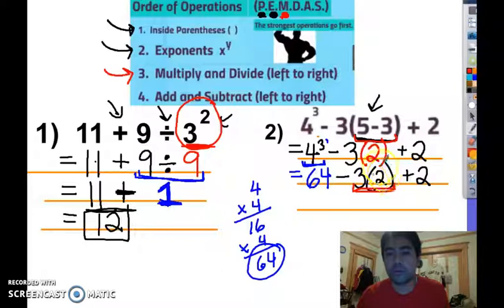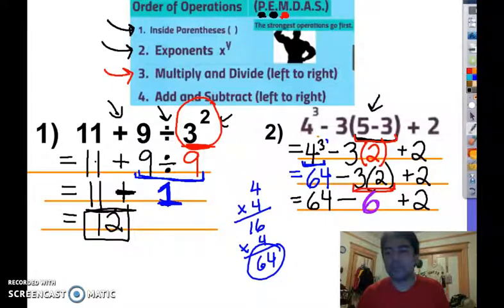Anytime you see a number standing next to parentheses, like this 3 is standing next to this parentheses right here, this is multiplying. This is 3 times 2. So what is 3 times 2? 3 times 2 is just 6. So I'm going to change 3 parentheses 2 to a 6, and I'm going to copy the minus sign, copy the 64, and copy plus 2.